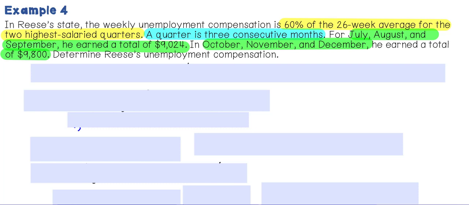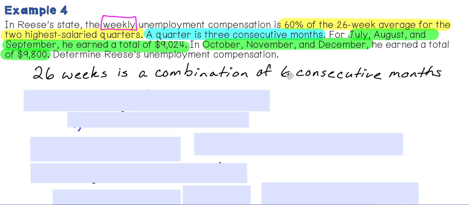So we want to change this because this is looking at things on a weekly compensation, and what we're given is his quarter salaries. So we need to figure out, based on 26 weeks being a combination of 6 consecutive months, what the 26 week average is going to be.